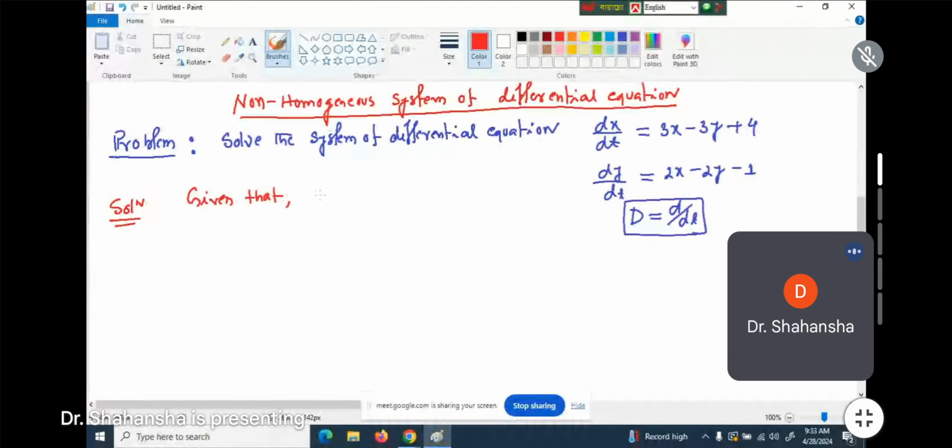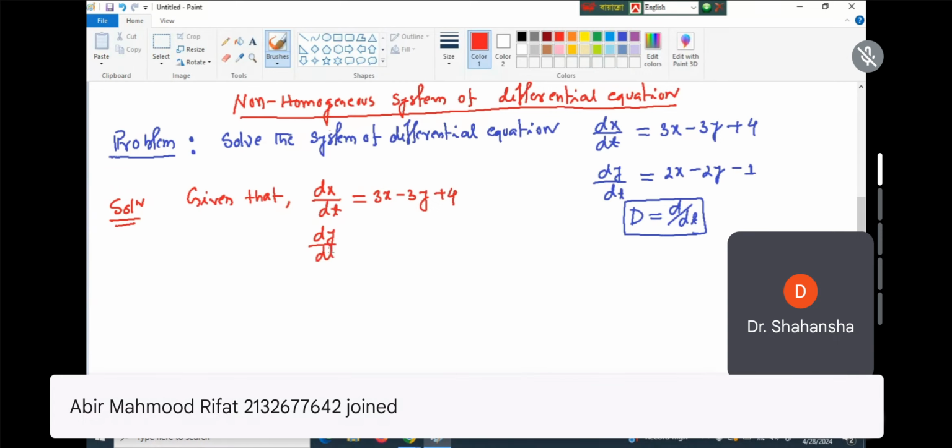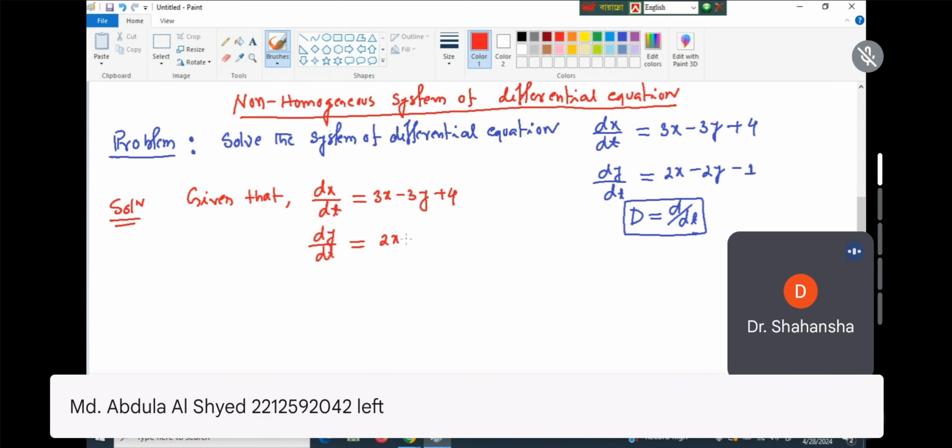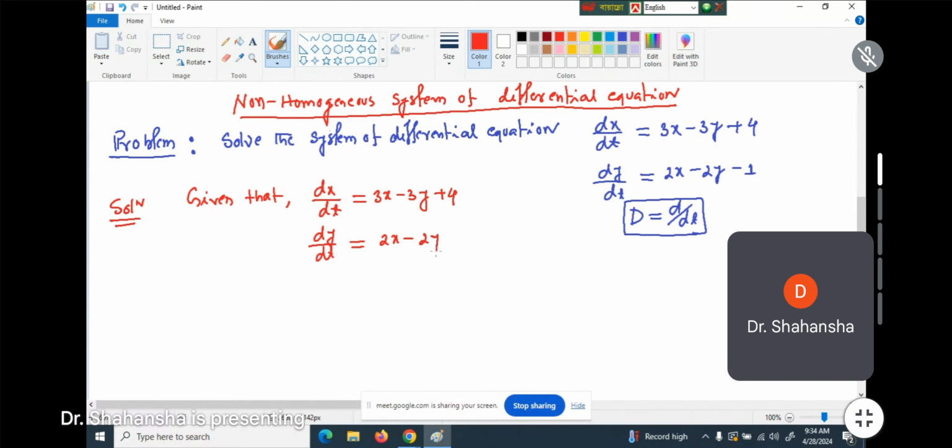Given that dx by dt equals 3x minus 3y plus 4, and another equation is given, dy by dt equals 2x minus 2y minus 1.